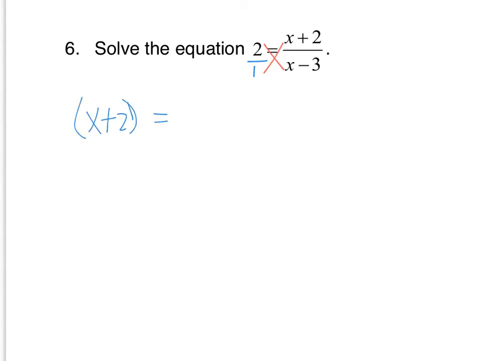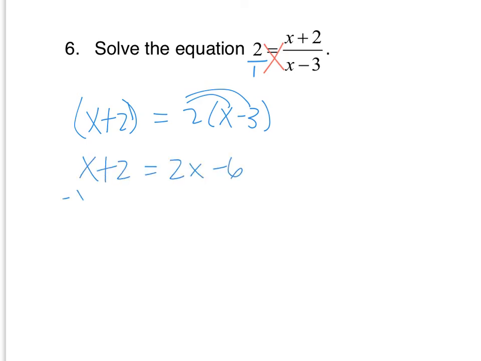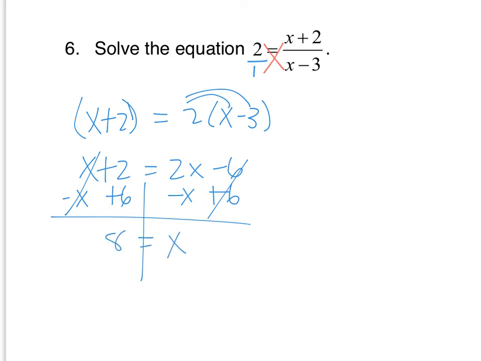I guess we don't need parentheses. The 2 times x minus 3, we need to distribute the 2. Minus x, plus 6, plus 6. So these cancel, these cancel. We get 8 equals x. There we go. Next one.